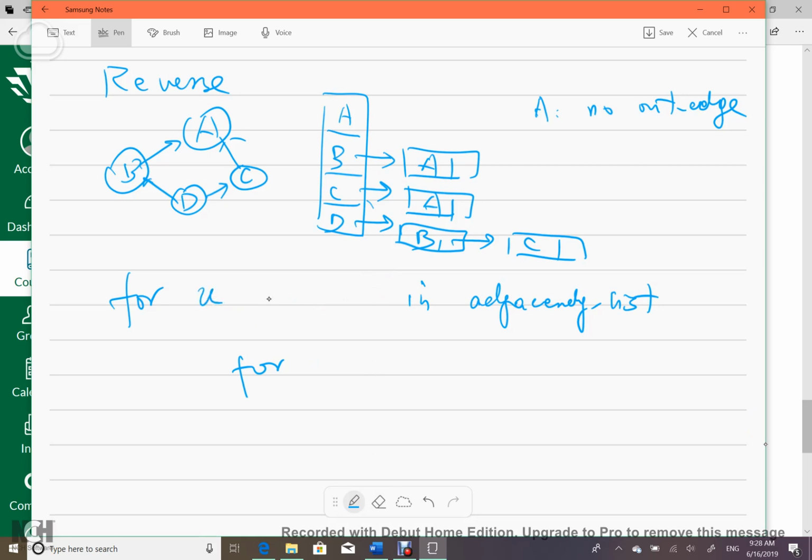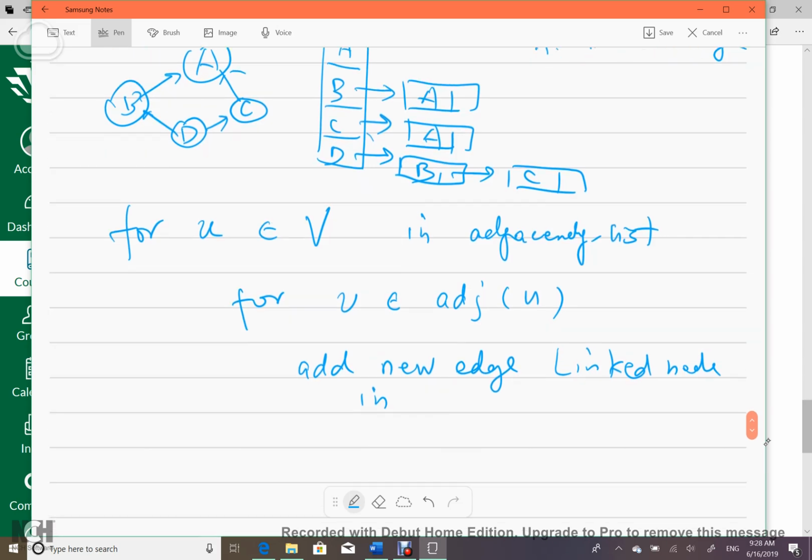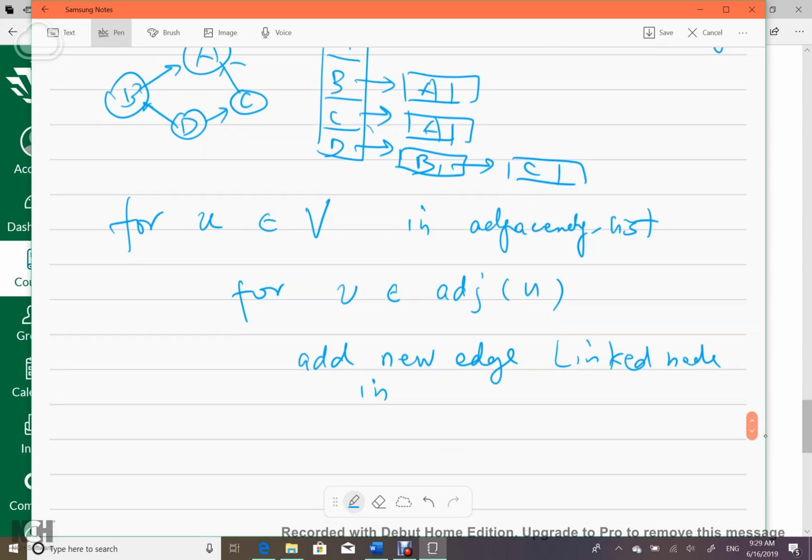For U in V in the adjacency list, and for v belonging to Adj[U], you add a new edge linking the nodes in this element, right?